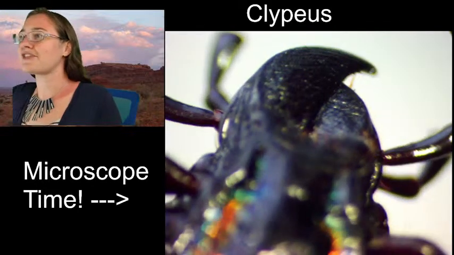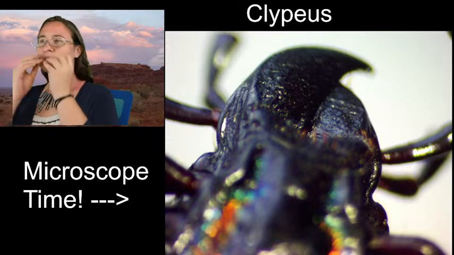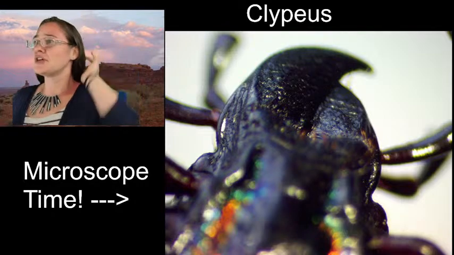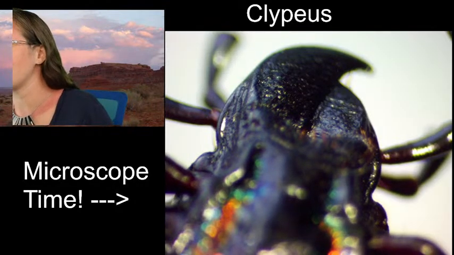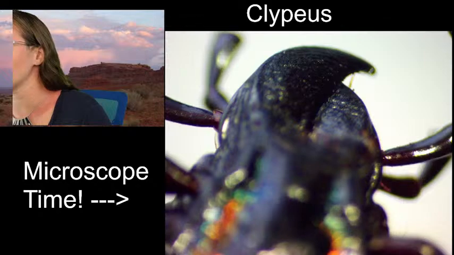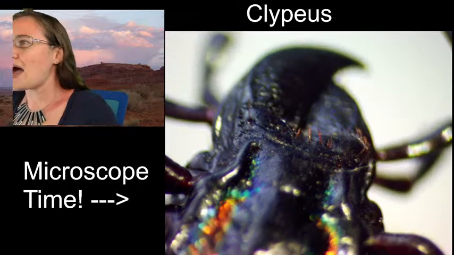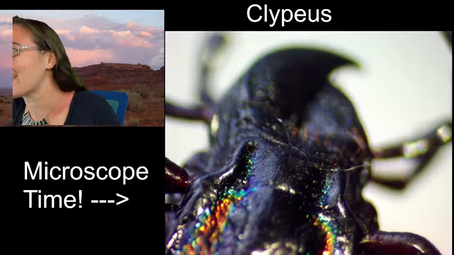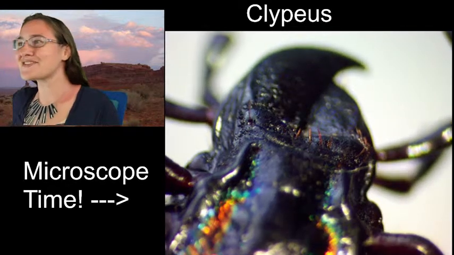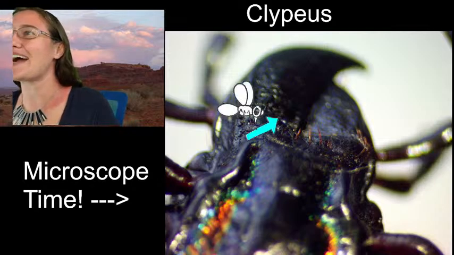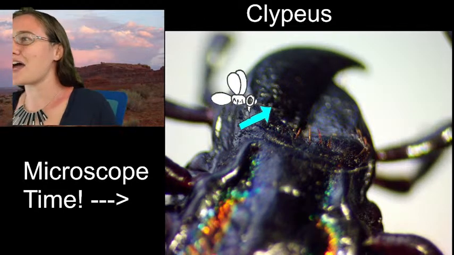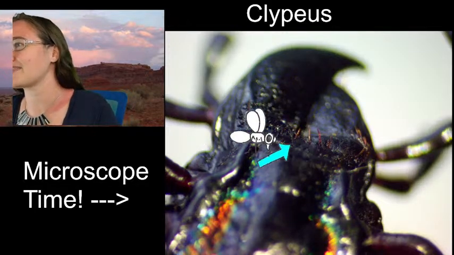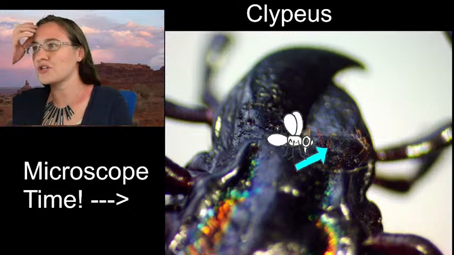I wanted to see if there were any dentations, like sharp points, on the mandibles, right? But these mandibles look fairly smooth. You see that we don't have very many of those. Actually, we can see the labrum a little bit. Right there, that's where it is. The labrum has hairs on it. If you're looking right about here, it comes up, it kind of has a left and a right side, and it comes out like that, and it has some of these little reddish orange hairs coming off.